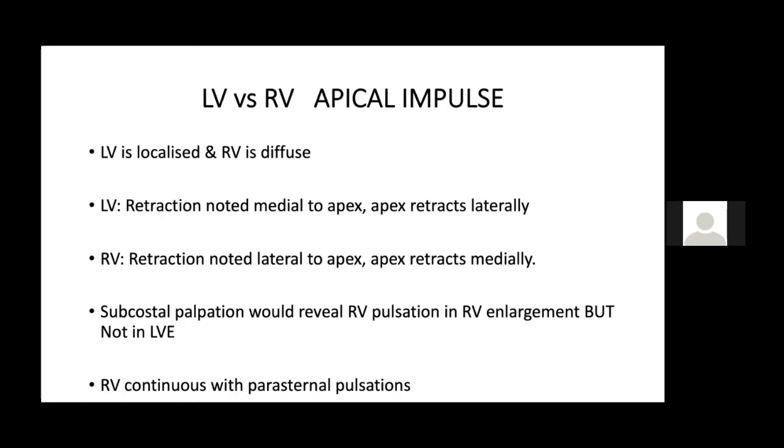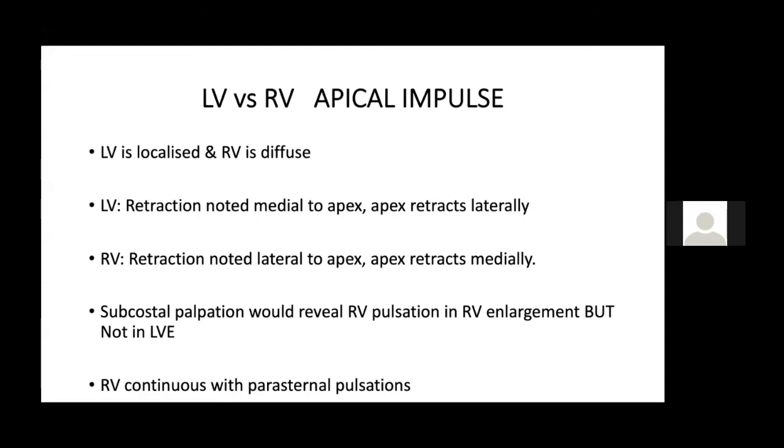However, if you are finding an apex which is shifted down and out, like in the sixth intercostal space and outside the mid clavicular line, it is an LV type of apex. However, an RV apex is a diffuse apex. You may not be able to feel its heaving or hyperdynamic property. However, it will be diffuse. So the RV apex is always diffuse, whereas the LV apex is localized.